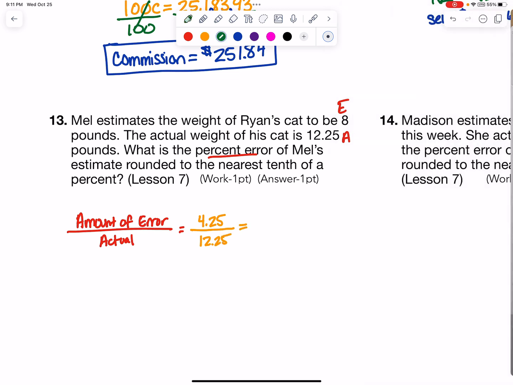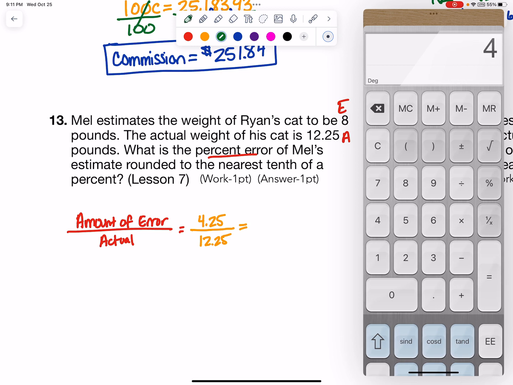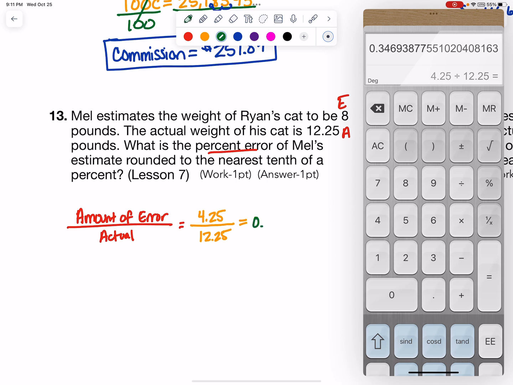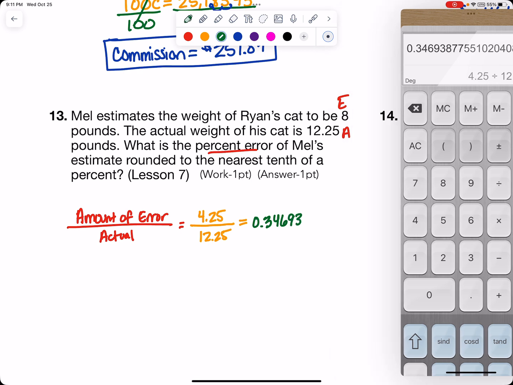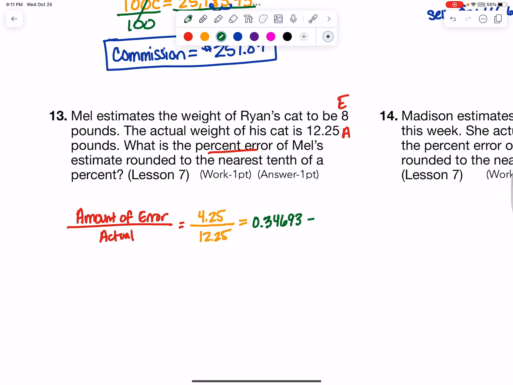And then we can go ahead and do that division. So 4.25 divided by 12.25. And our amount of error ends up being, as a decimal, 0.346938. I don't really need any more than that anyway, because we're going to only round to the tenths place, like it says here. So as a percent, we have 34.7%, and we label that as error.